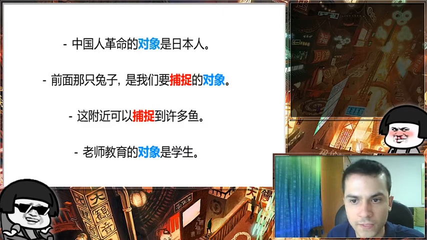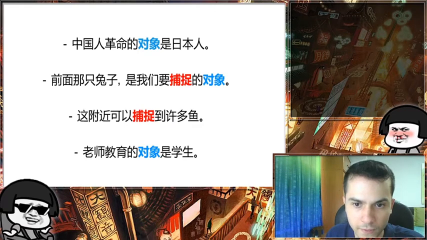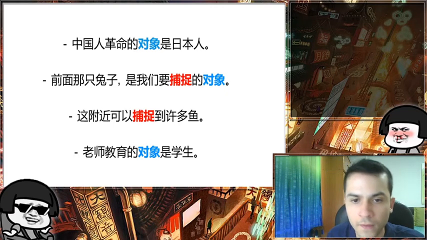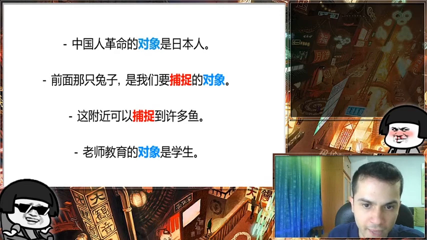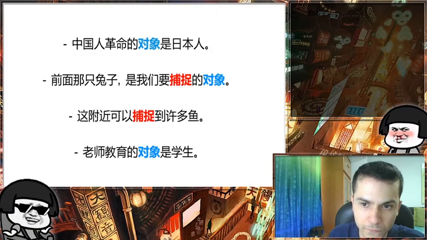Okay, so the Japanese is the target in this revolution. Okay, next sentence. 前面那只兔子是我们要捕捉的对象 Okay, that rabbit we have in front of us is the target we have to capture, that we have to catch.